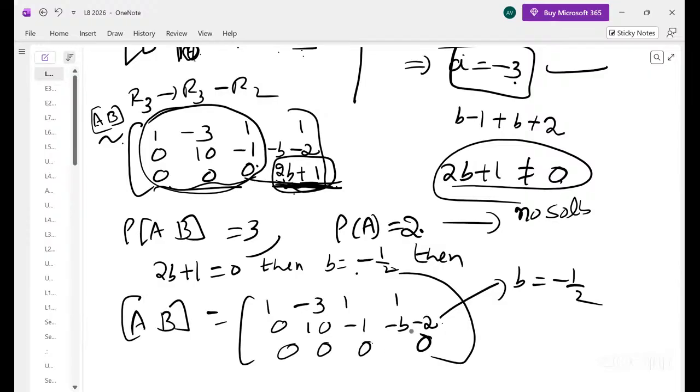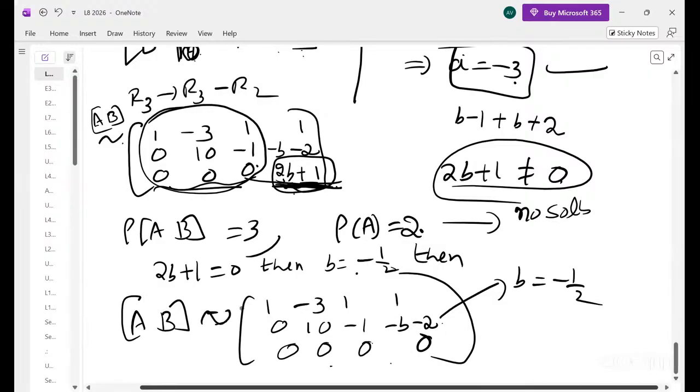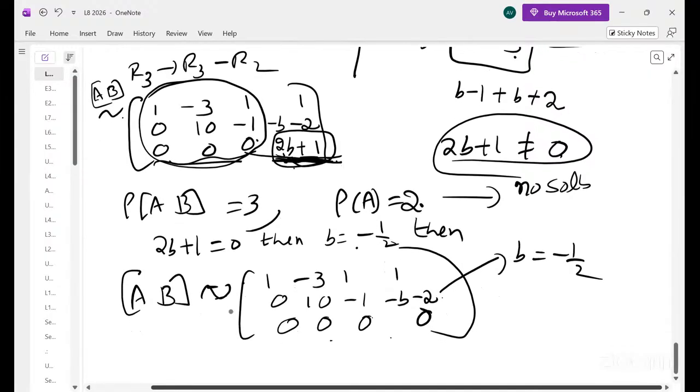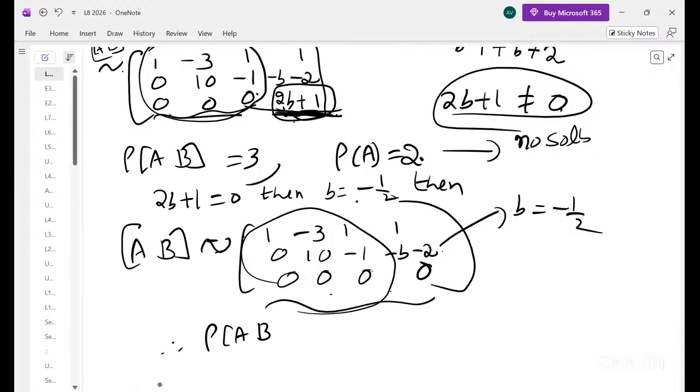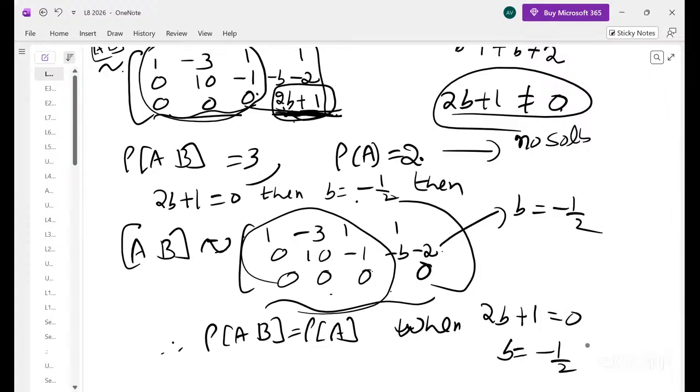B is minus 1 by 2. Now you are getting rank of augmented equal to rank of A. You can see augmented rank 2, rank of A is 2. Therefore, rank of augmented will be equal to rank of A only when 2B plus 1 is equal to 0, that is B is equal to minus 1 by 2.